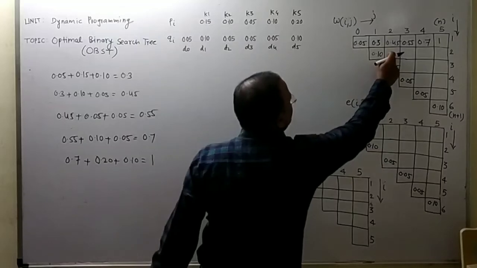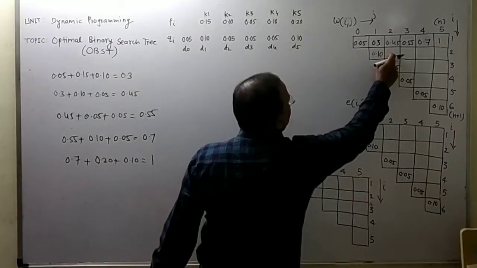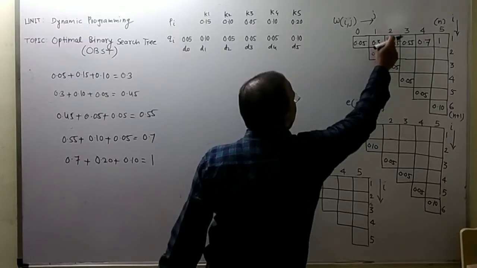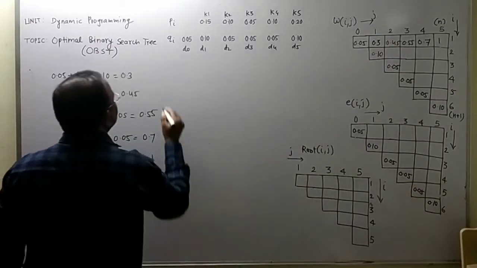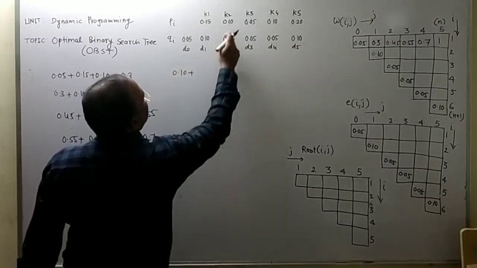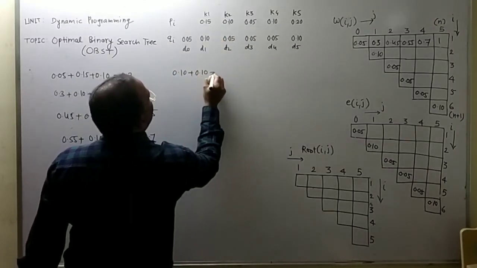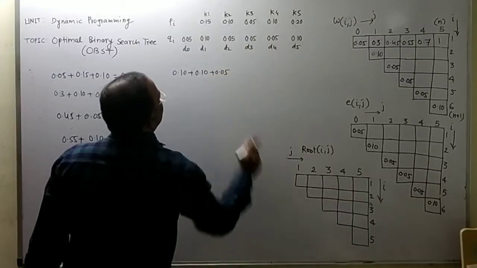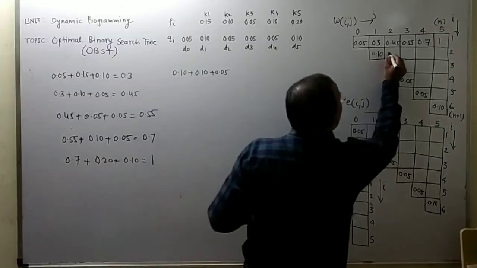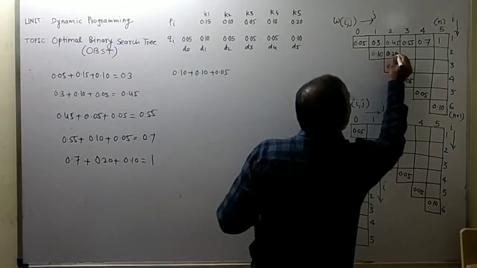Now for this cell we have to consider the previous value and the probability of K2 and D2, that is 0.10 plus 0.10 plus 0.05, it comes to 0.25.